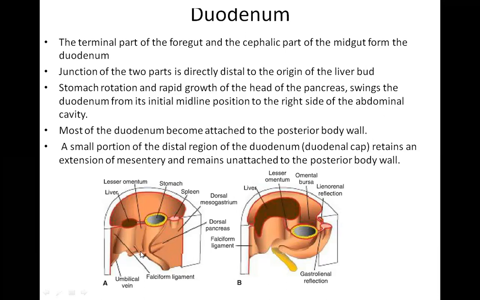Most of the duodenum, initially attached by the dorsal mesentery, now becomes attached to the posterior body wall and assumes a C-shaped curve. Only a small portion of the distal region of the duodenum, the duodenal cap, retains an extension of the mesentery and remains unattached to the posterior body wall.